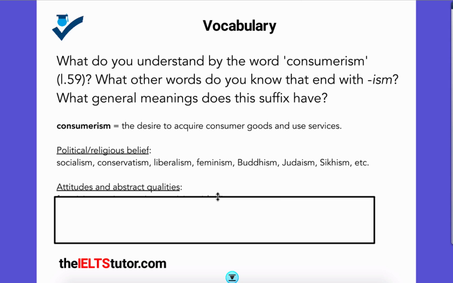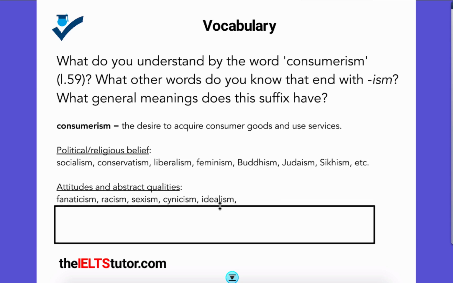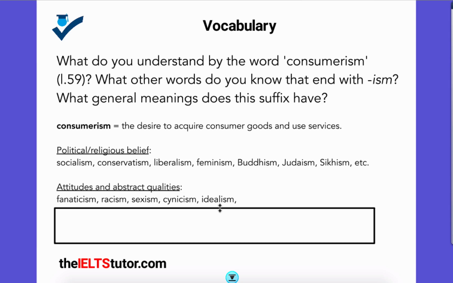What do I mean by this? You can look at some of the examples here. Fanaticism, racism, sexism, cynicism, idealism. Okay, so you can talk about them in your essay or in your arguments when you're doing your interview.